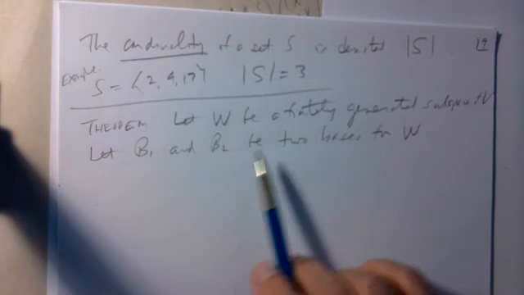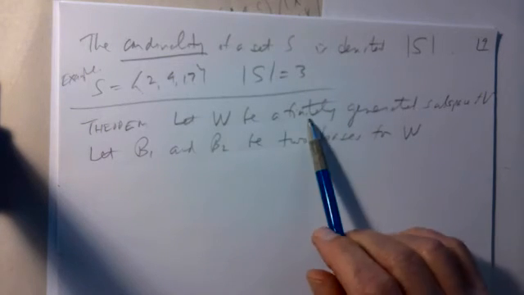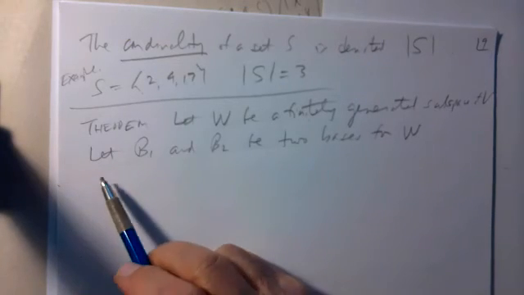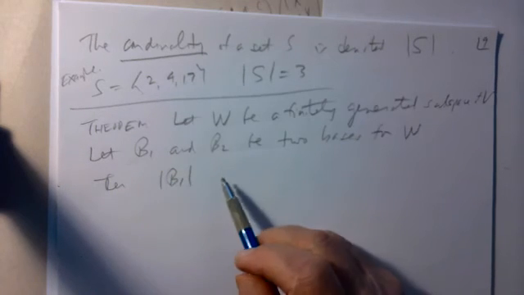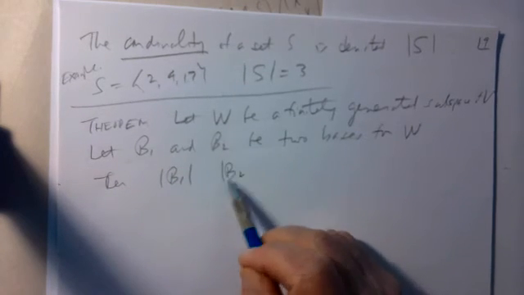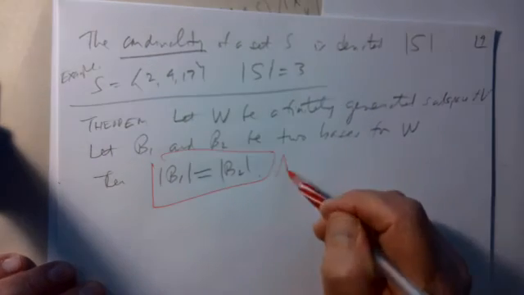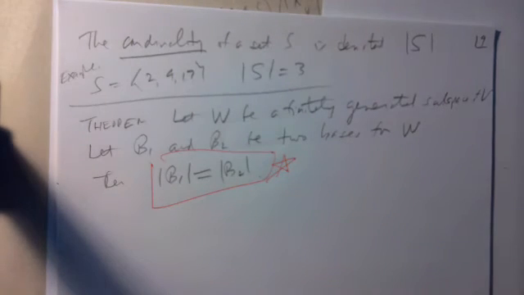Remember, a basis for a subspace is a set of vectors that generates the subspace and is linearly independent. And the theorem says that the number of elements in the first basis must be equal to the number of elements in the second basis. If you have a finitely generated subspace, the number of elements is the same in each of them.